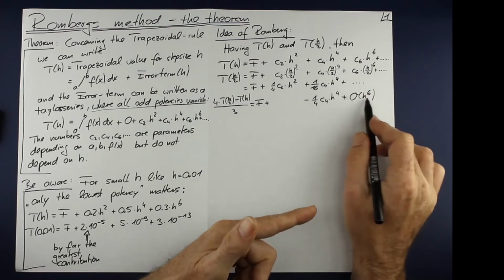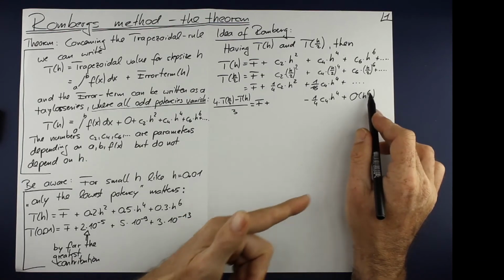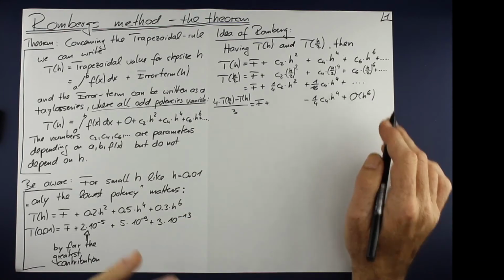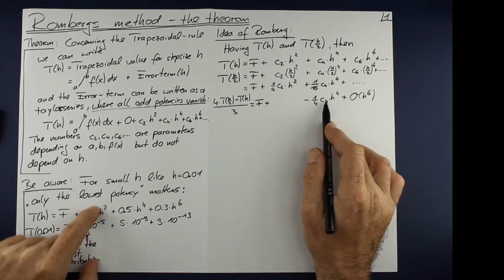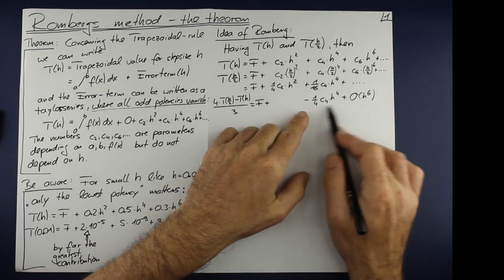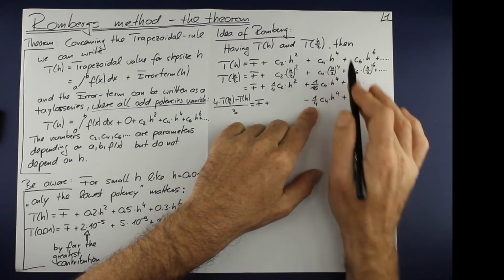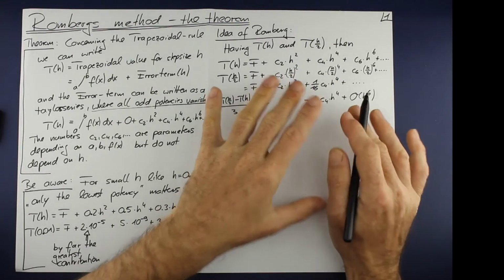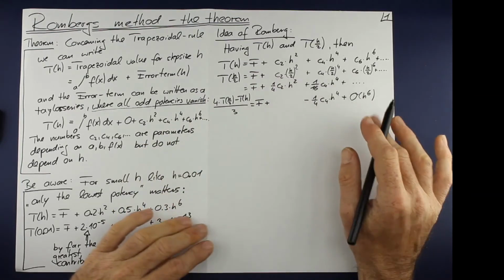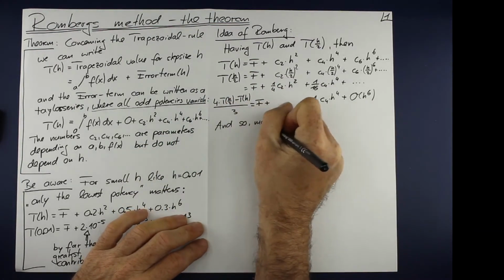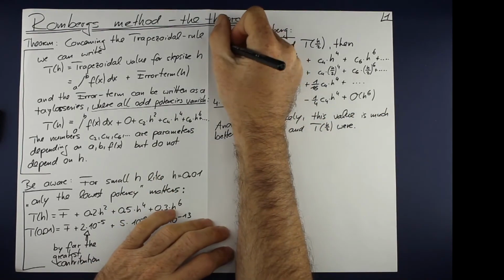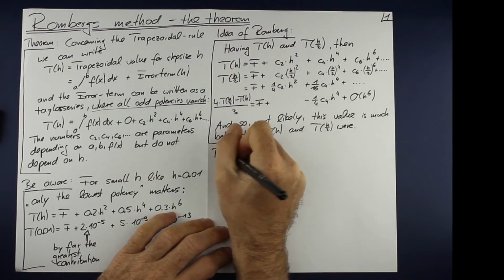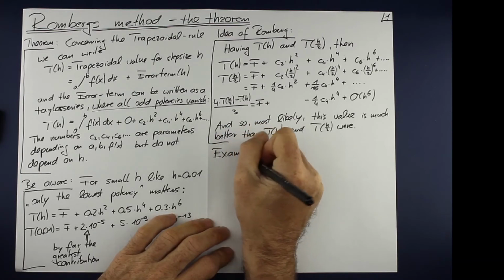This is terms of at least power 6 or more. And so now we cancel this h squared, and here we have a quarter instead of a 1, minus doesn't matter. So this is also an improvement, so very, very good. And so that's the great idea. And let's understand that idea by having an example.